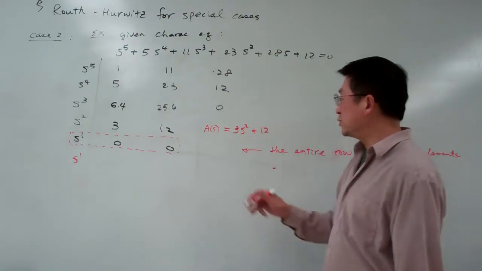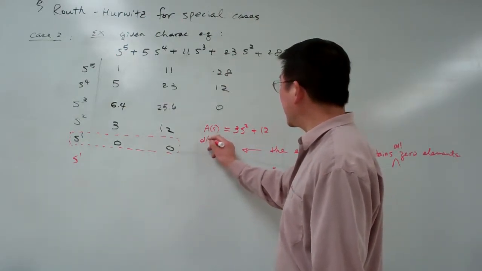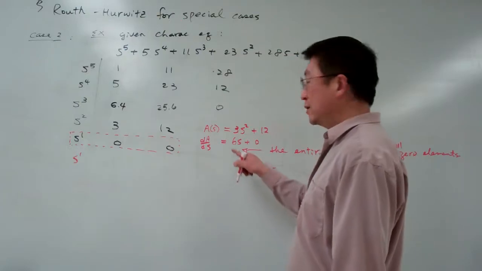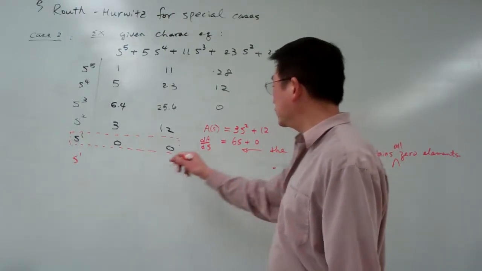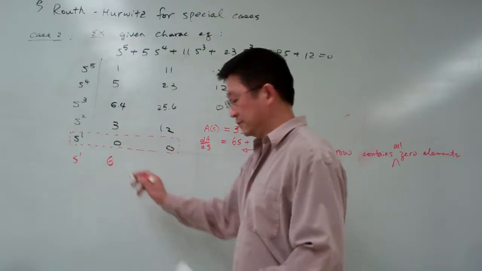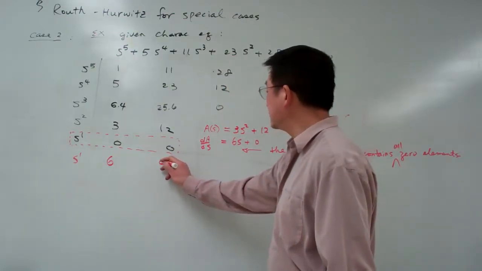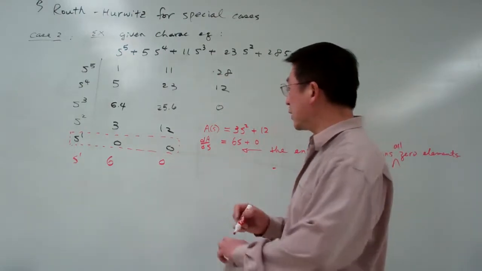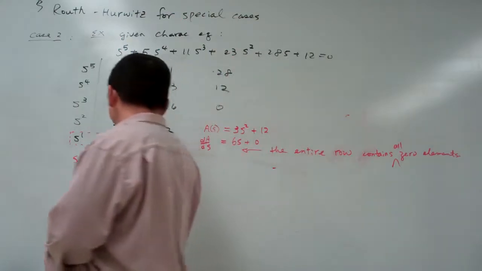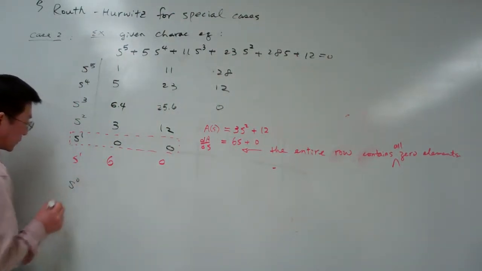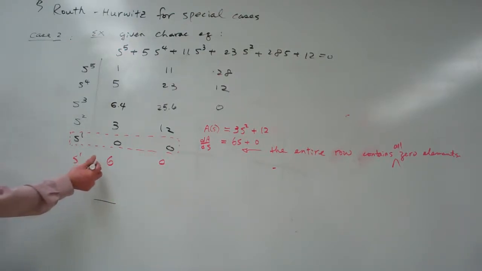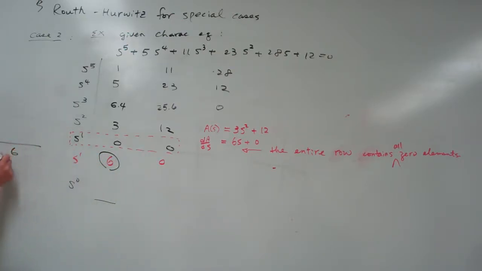With this information, you simply take dA/ds, and you obtain 6s + 0. Using 6s and 0 to fill up this information, this is 6, and this is 0. With this, we proceed with our calculations. Now we have s^0 here. For s^0, the first element is obtained by using the new row, with 6 as a pivot, and dividing by 6.